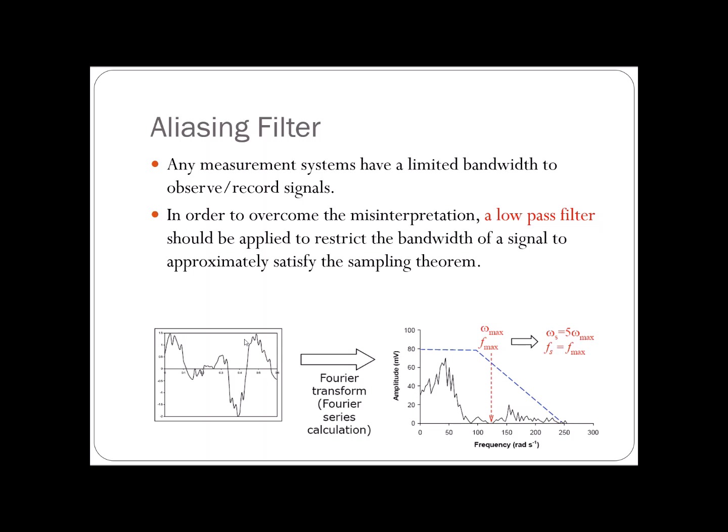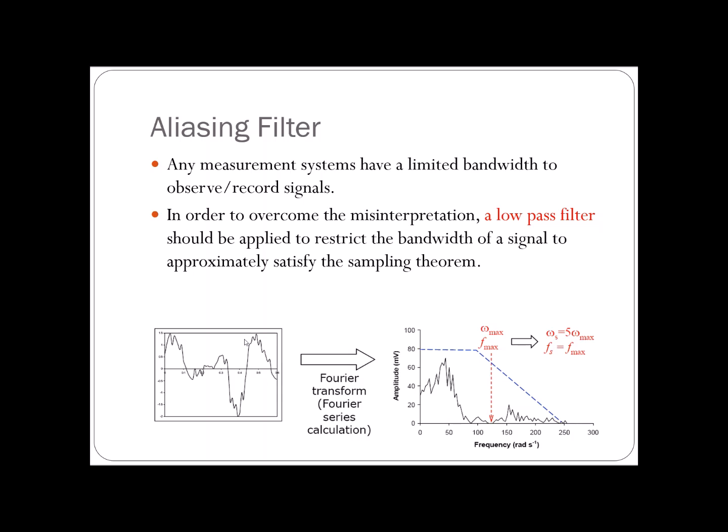Let's say you want to measure a signal, but your signal contains many frequencies. You have to apply a filter that can remove the components of the signal that have high frequency. So you will not be able to measure the high frequency in your recording.